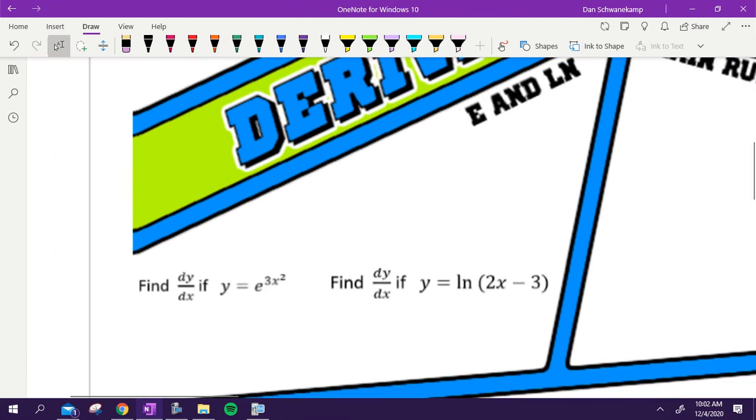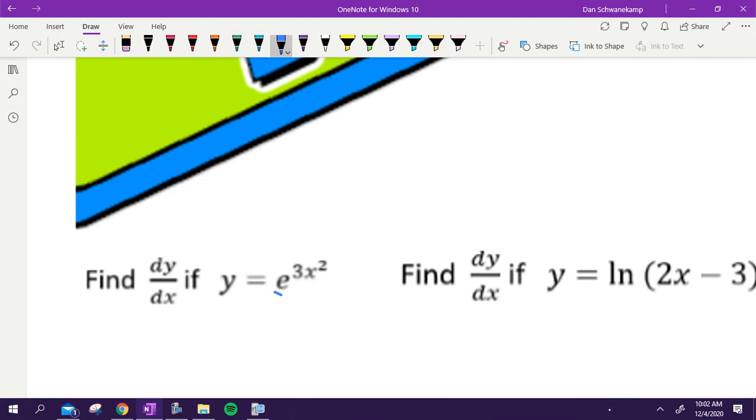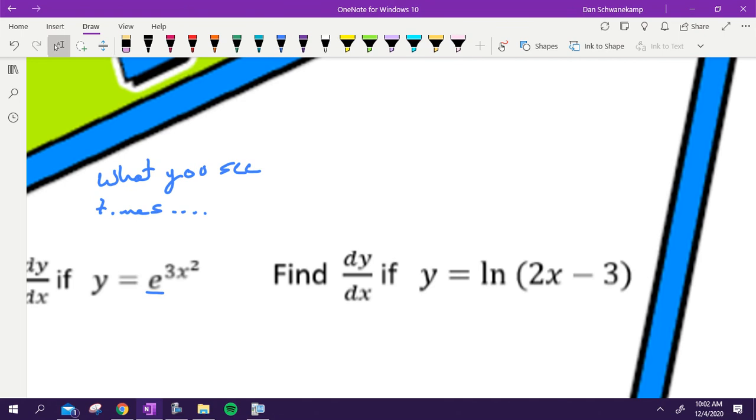All right, let's go to e and ln. If I take the derivative of e, what is the derivative of e? What you see times the derivative of the exponent. It's what you see times the derivative of the exponent.